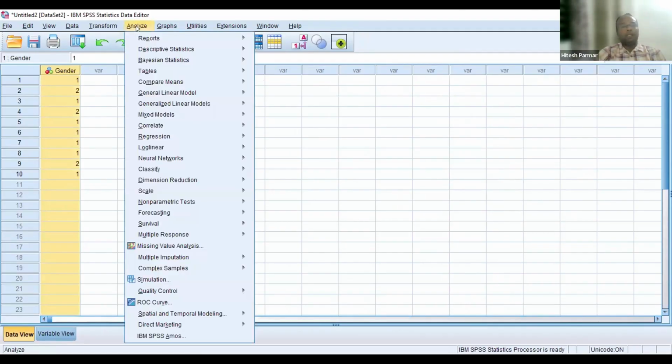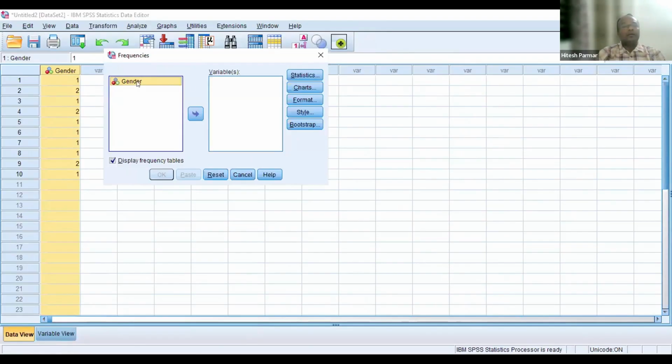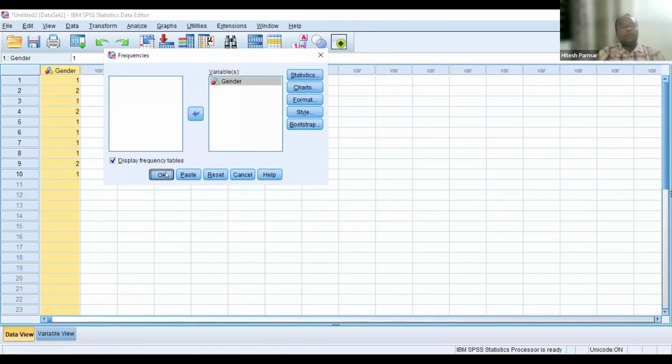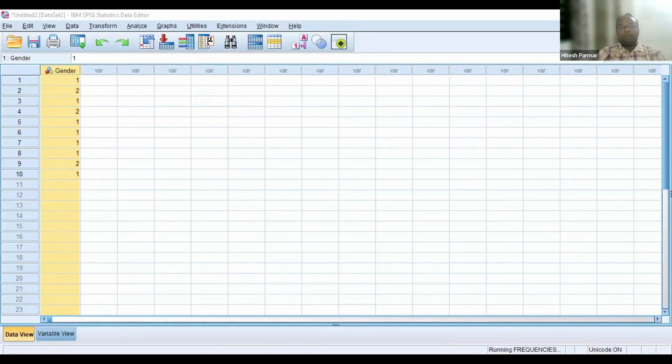Now for this, how do we do the analysis? We click on Analyze, then Descriptive Statistics, and for nominal data, as we understood, we go for Frequencies. Select this particular variable, and it says display frequency tables. Along with the frequency table, suppose you want a pie chart or bar chart, suppose a pie chart, then choose pie chart, continue and okay, and then you will have your result in the new sheet.